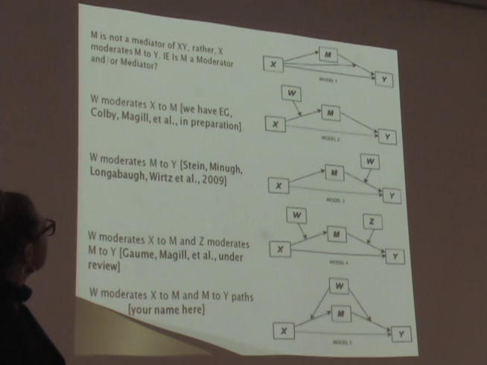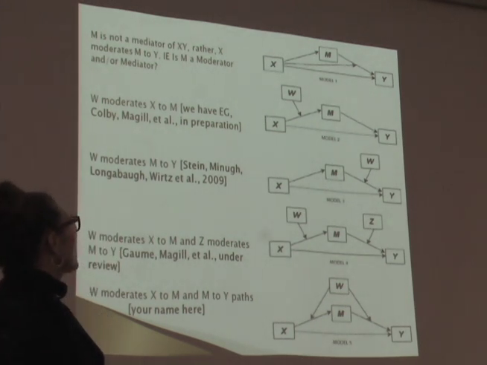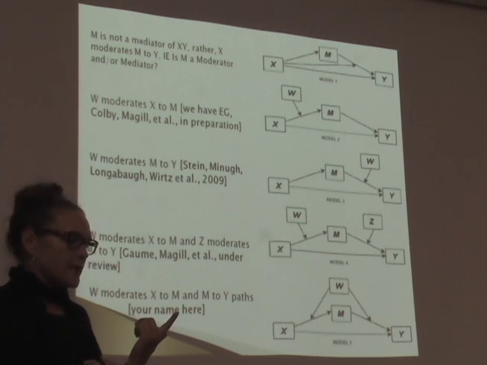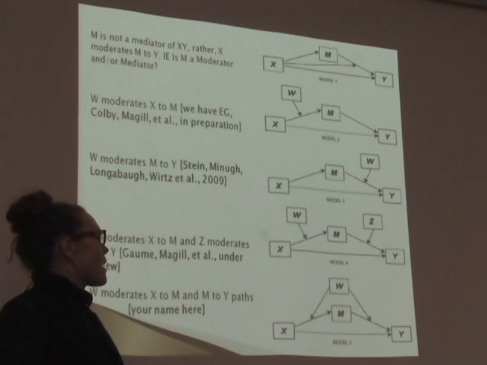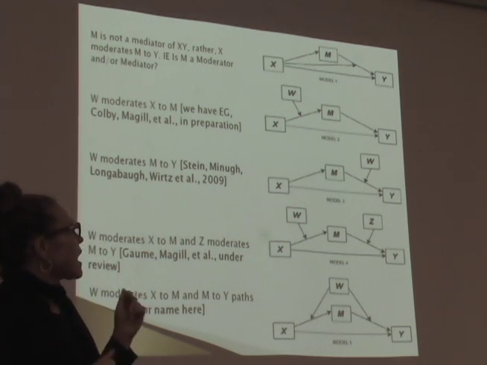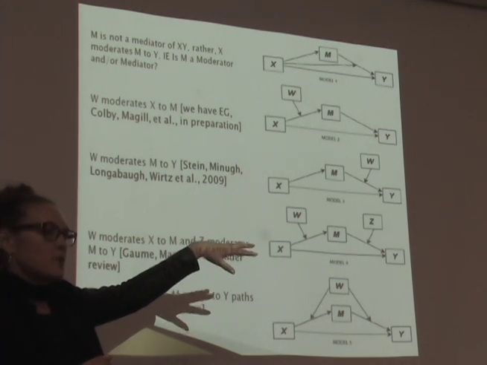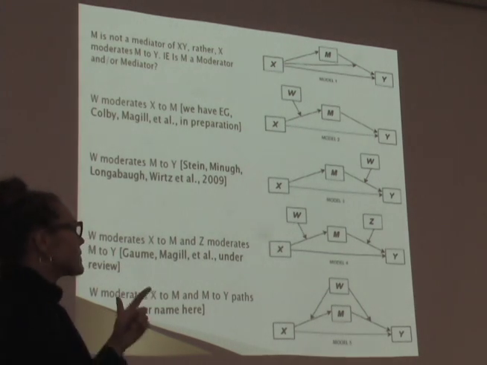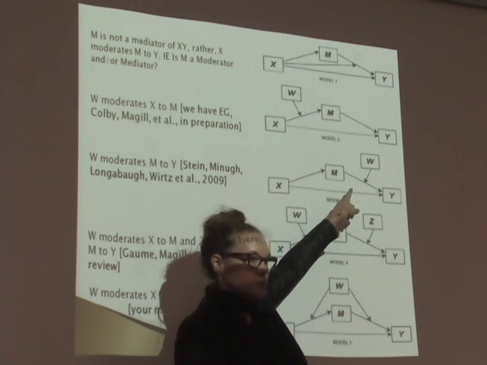The next example would be W moderates M to Y, so that is moderation at the B path. An example of this is a paper that I really like, where it's an MI versus pretty much an assessment control. Changes in motivation post-treatment mediate the efficacy of MI versus control, but only for individuals at a certain level of baseline motivation.